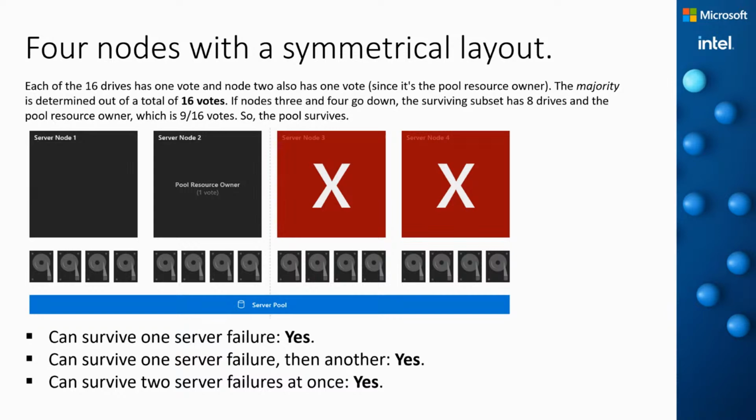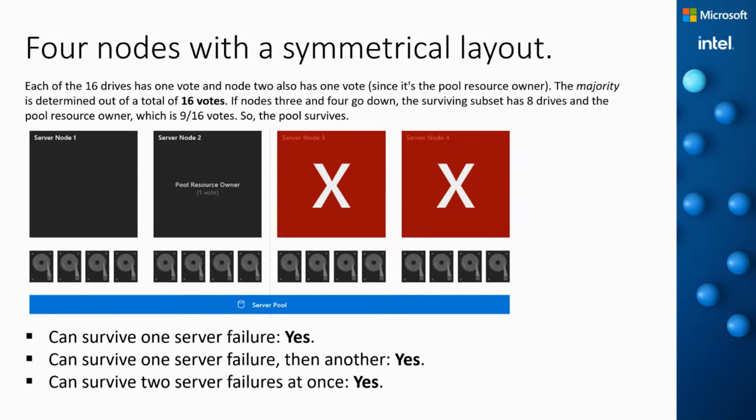Every drive has a vote. And when the pool quorum is online, the complete pool stays online. This is important to understand when we have more complex scenarios with different data centers, to know when your cluster stays online and when something will go offline.